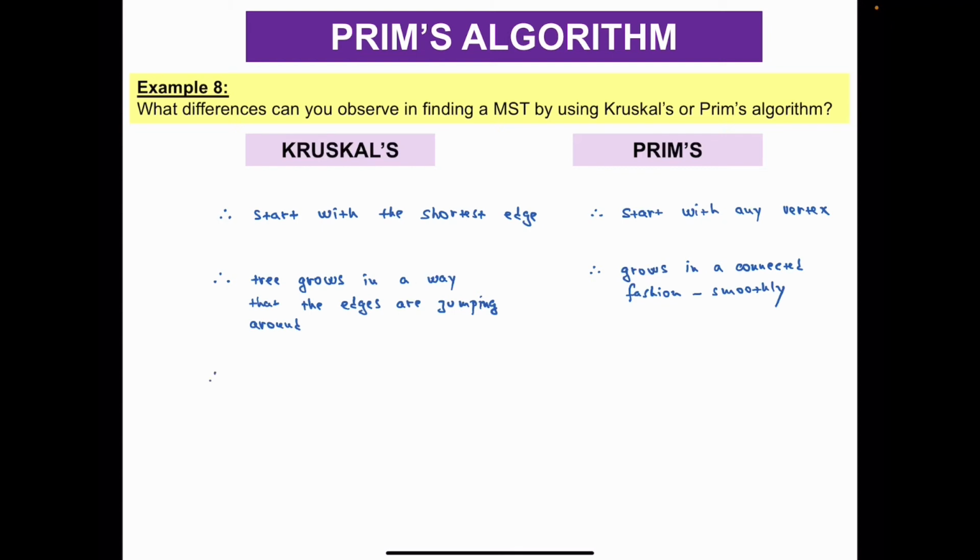Then the next difference could be that in Kruskal you need to check for cycles, and in Prim's algorithm you don't need to. No need to check cycles.